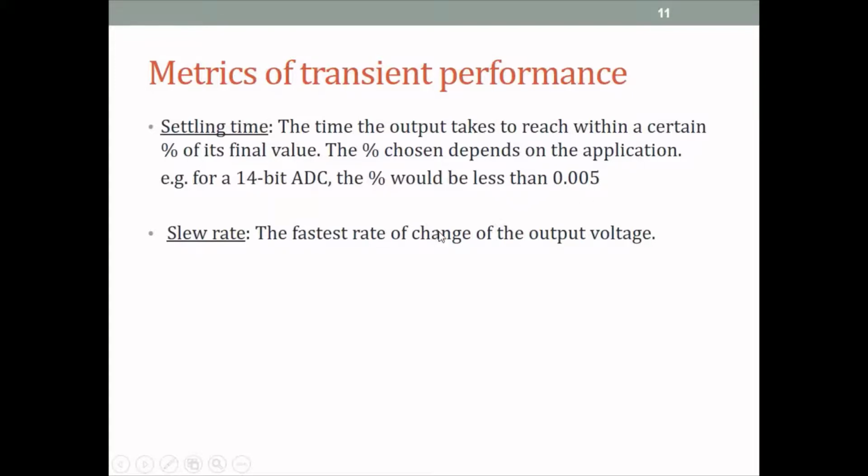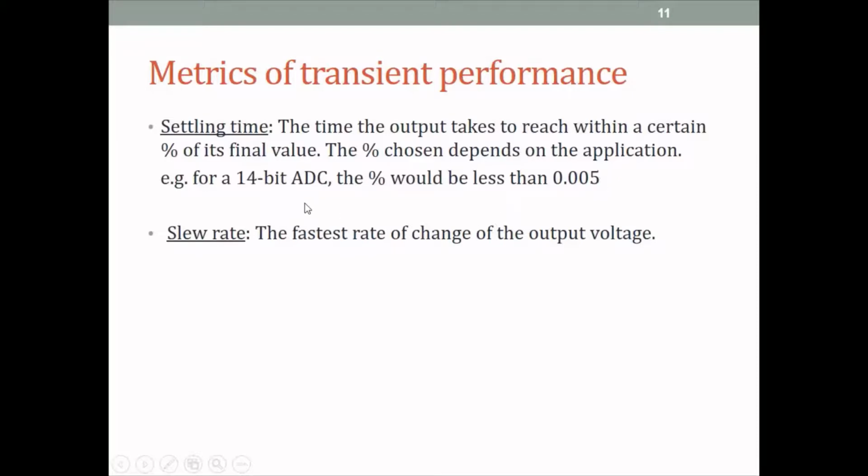But for some applications, for example, if one is using this amplifier in a 14-bit A to D converter, then the percentage would have to be less than 0.005%. It's a very small value.